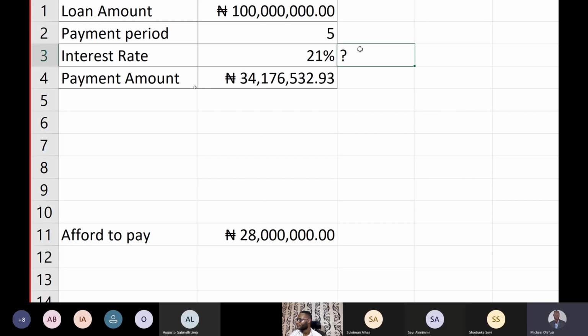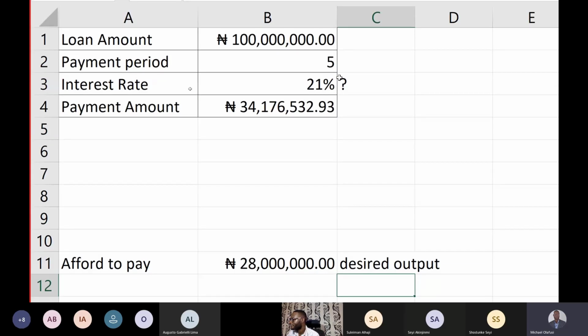So I want to, this is my desired output. I want to know the right input.